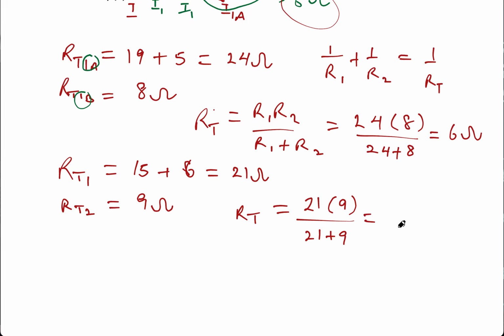What is 21 times 9? 21 times 9 is 189, and 21 plus 9 is 30. So we have 189 divided by 30, that's going to give us 6.3. So 6.3 ohms. And what does this imply?